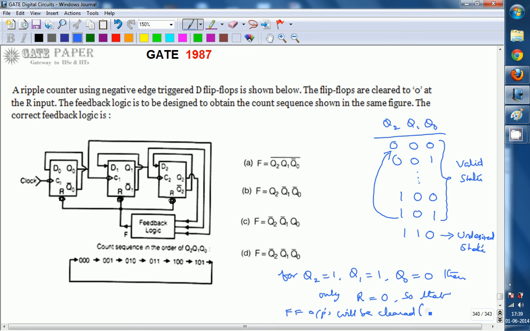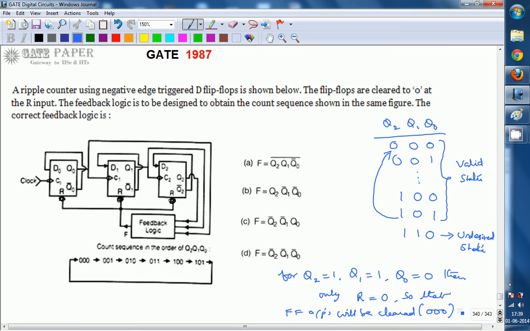That implies the output goes into the 0, 0, 0 state. For this combination only R must be 0, and for all other combinations the output of R should be equal to 1.